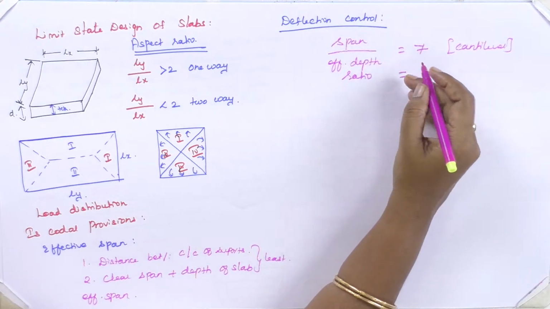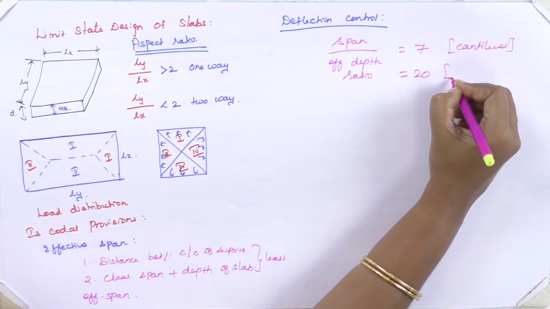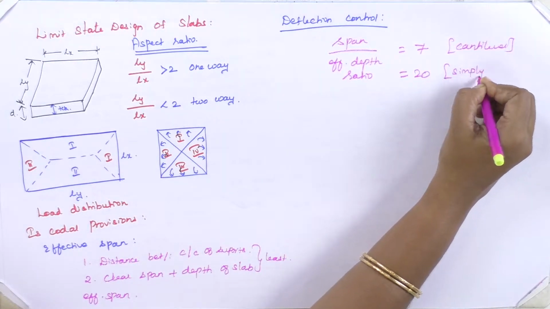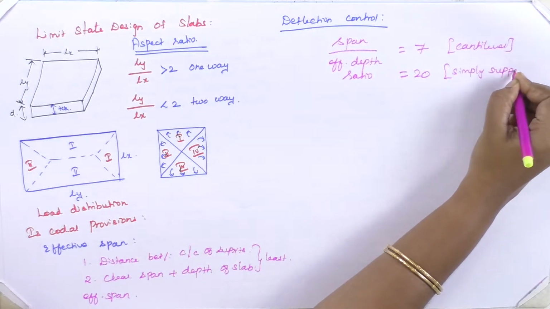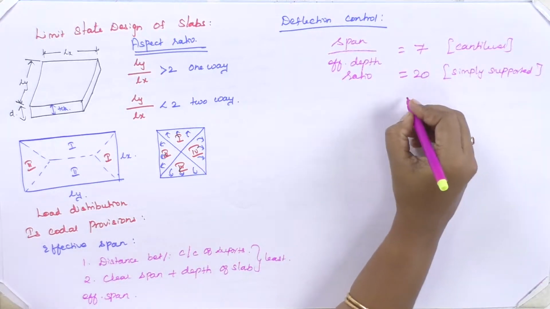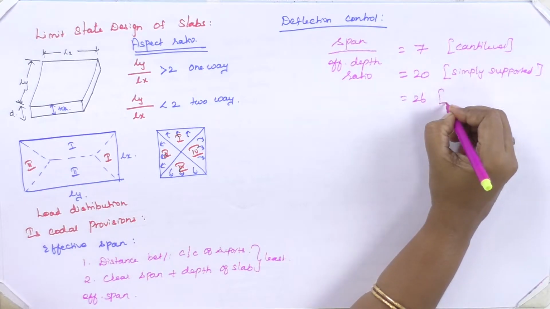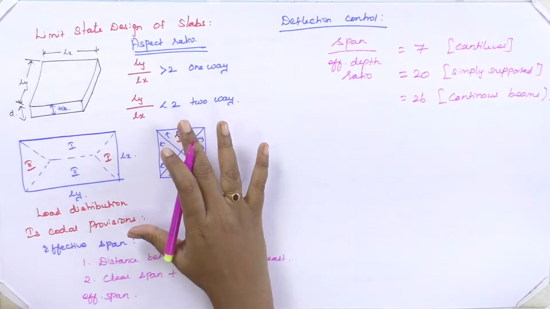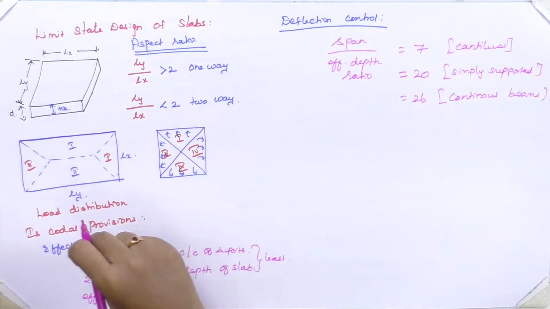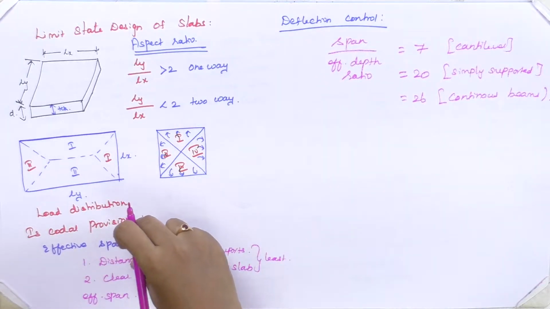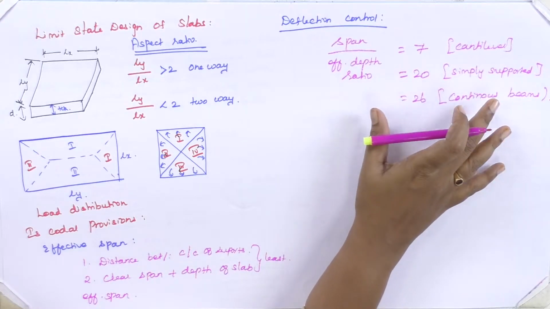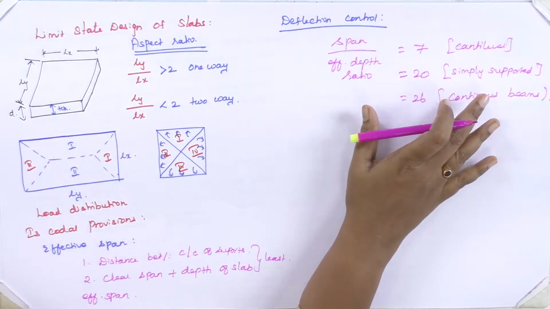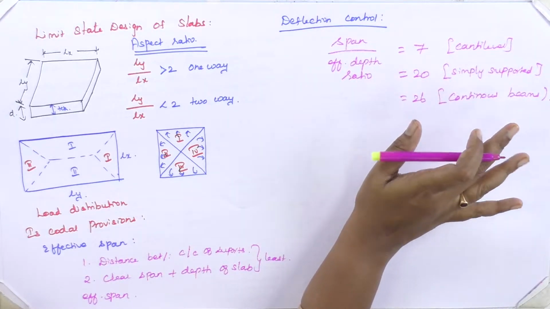When span by depth ratio is equal to 20, it is for simply supported. When span by depth ratio is 26, you can take it for continuous beams. These are some of the codal provisions: how to take the effective span value, then how to check your deflection based on the load carried by your element.